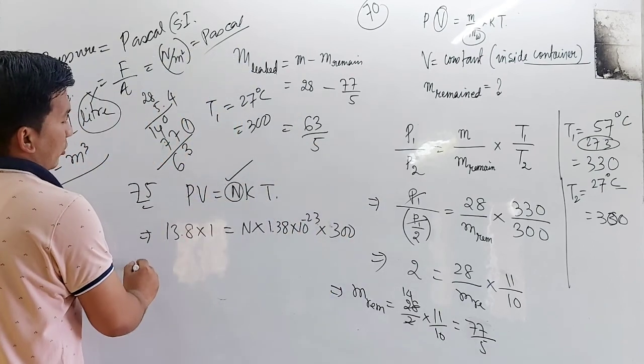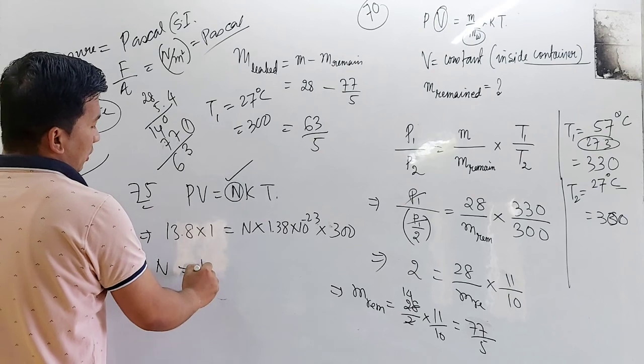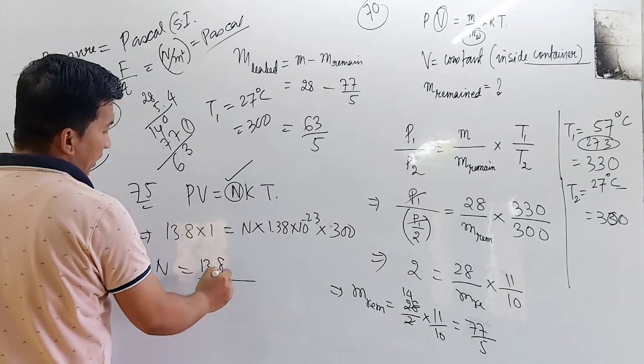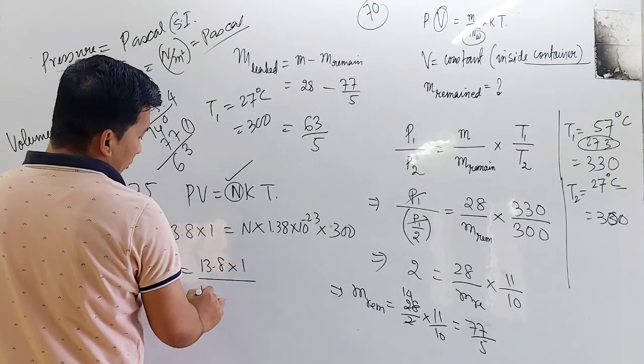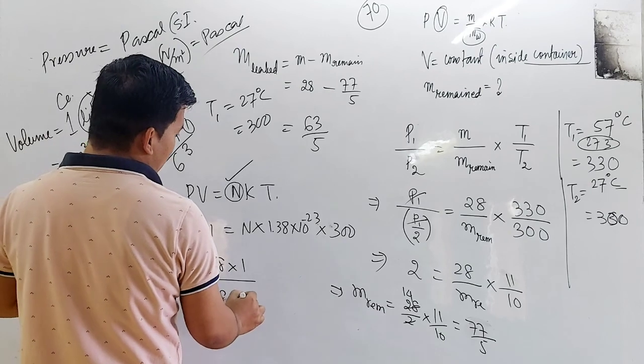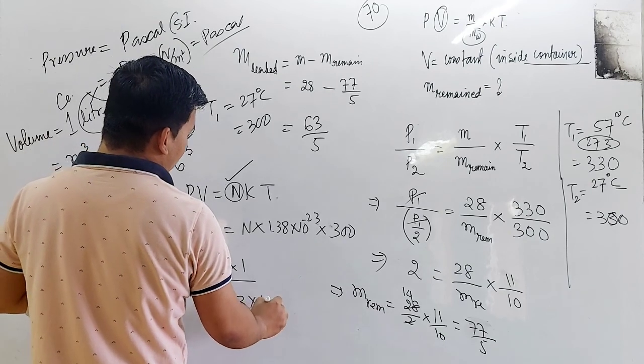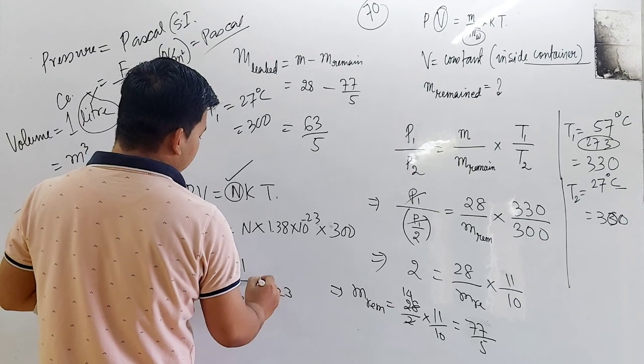Now calculate the value of N: 13.8 divided by 1.38 into 300 into 10 to the power minus 23.